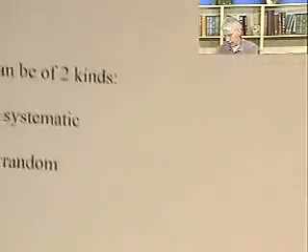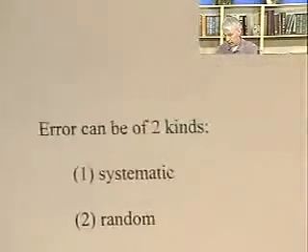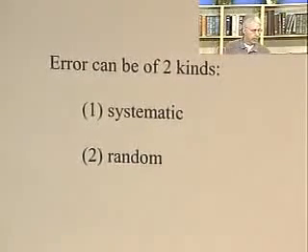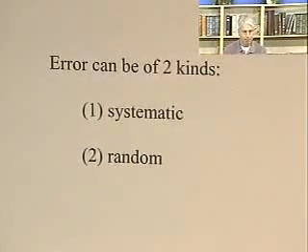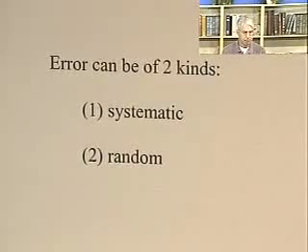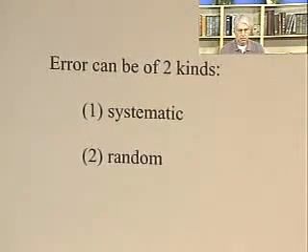Now, error can be of two kinds. Error can be systematic, and error can be random. Let me talk about systematic error first of all. Systematic error is unidimensional.